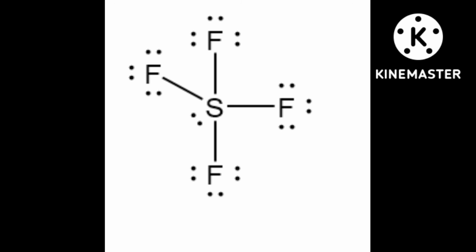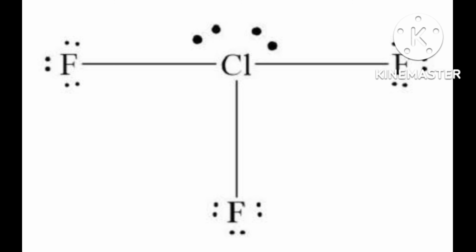In SF4 there were 2 structures. Now here 3 structures are possible, but the number of bonding pairs is the same and the number of lone pairs is also the same: 3 bonds and 2 lone pairs. The arrangement can actually be of 3 types.